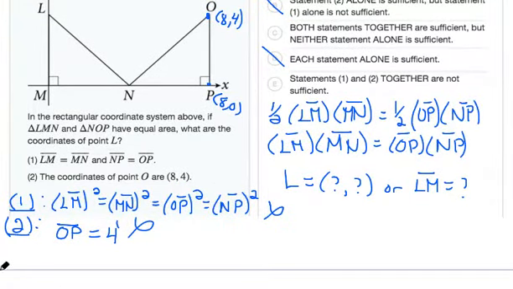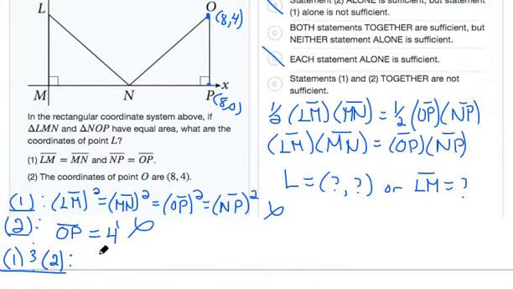So sliding down a tiny bit, let's go ahead and take a look at statement 1 and statement 2 together. Together we know that LM equals MN from statement 1 and NP equals OP from statement 1. We also know that OP equals 4 from statement 2.